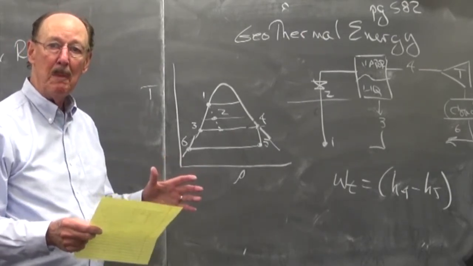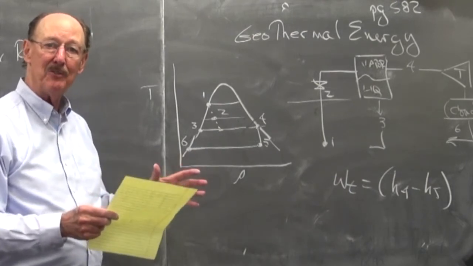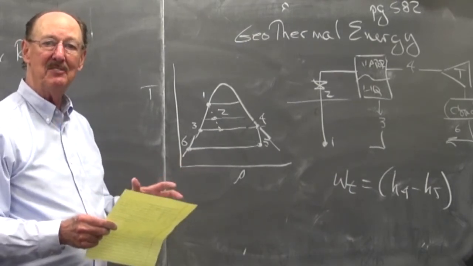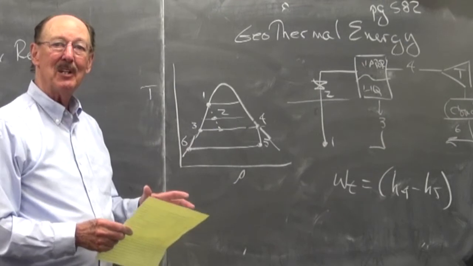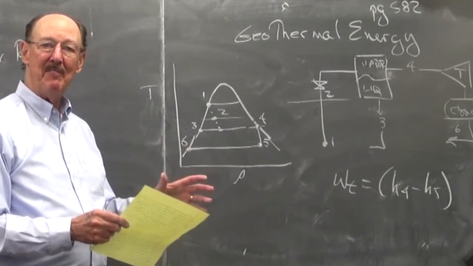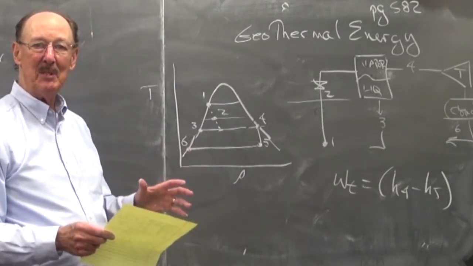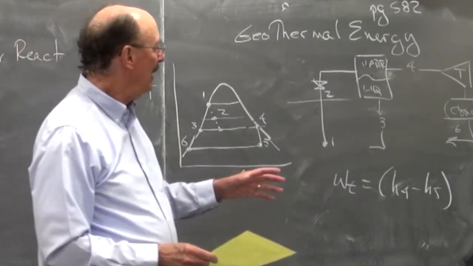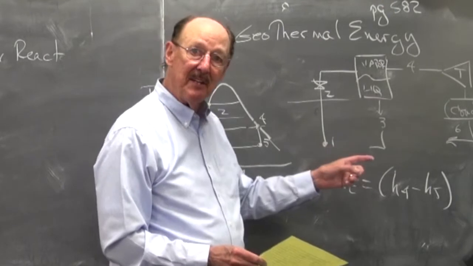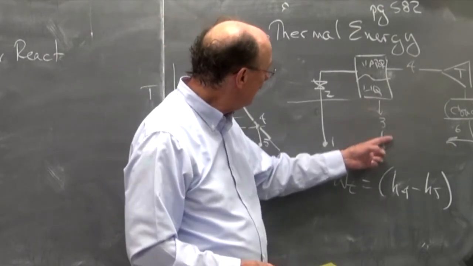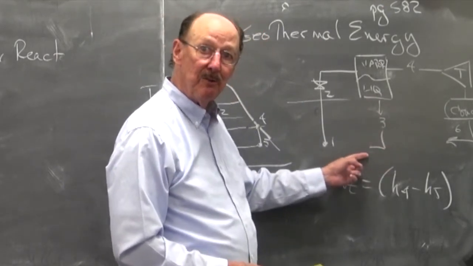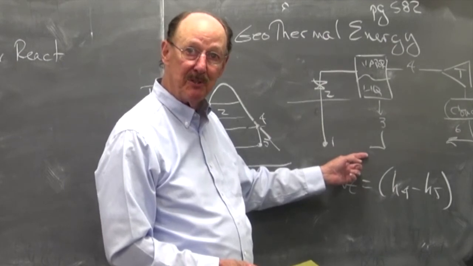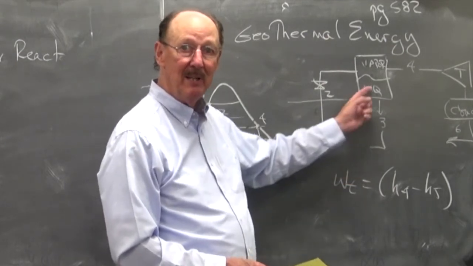Normally they're located in areas where it's geologically unstable. So you want to put in a capital investment where there's going to be potential for earthquakes, maybe. The other thing that we have to do is deal with this liquid. You don't want it to go out on the surface because it would destroy everything.